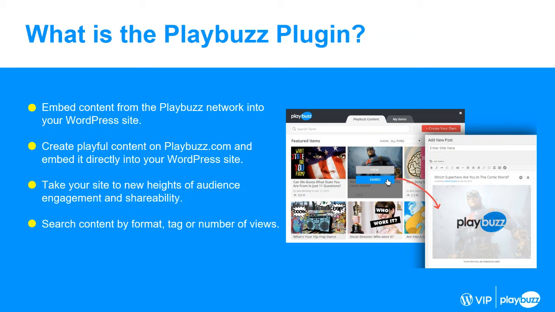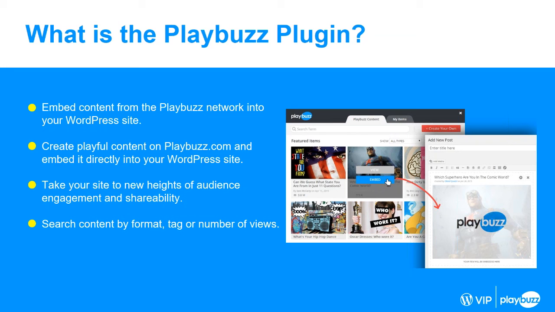You don't just have to take other people's items, you can also create your own content on the Playbuzz platform and embed it right into your WordPress site with the plugin. And I'm going to take you on a little bit of a live demo to show you exactly how it's done in a couple minutes.